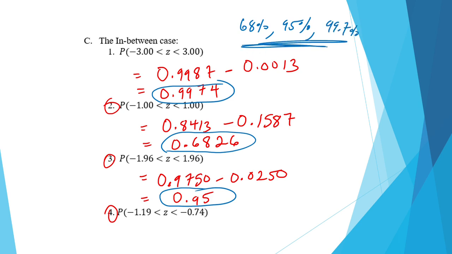These numbers are from the normal rule. And remember, within 3 standard deviations is 99.7% of the data. Within 1 standard deviation, it's 68% of the data. And between 2 standard deviations is approximately 95% of the data. So that's where these numbers come from. They relate to the normal rule.